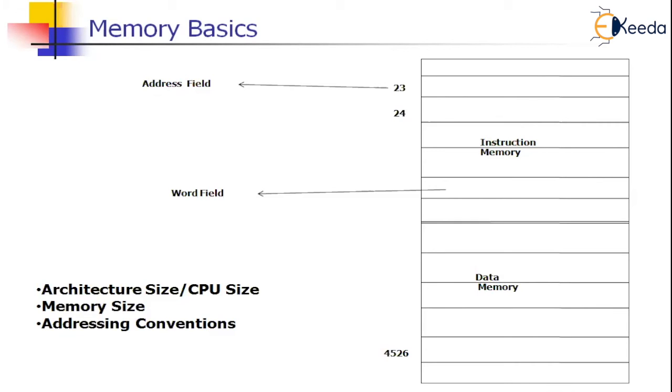Now, in order to address a specific location in the main memory, you have two choices. One is byte addressing, where every byte will be given an address. One word is 2 bytes, right? So each and every byte will be given an address, and one word will get 2 addresses.